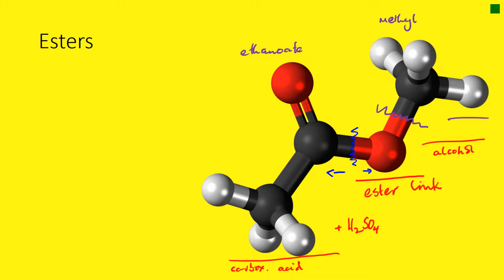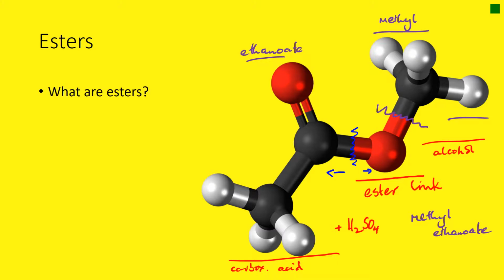And when we're going to name the ester, we put the alcohol bit of the name first, and we put the ethanoate, the acid bit of the name, second. So this ester here would actually be methyl ethanoate. Like that. Okay, so that's roughly what esters are.